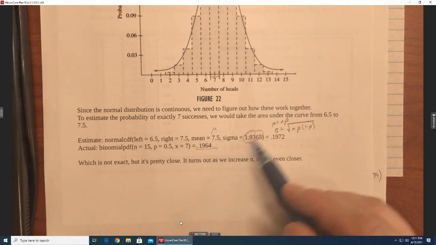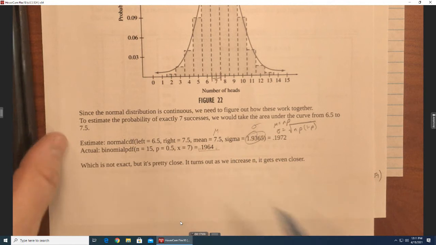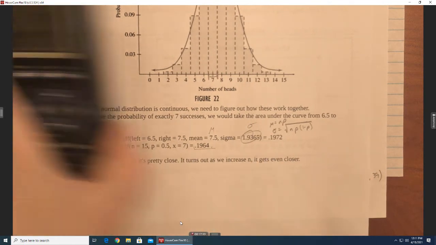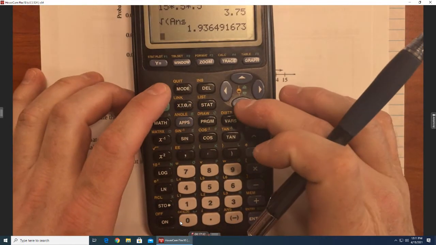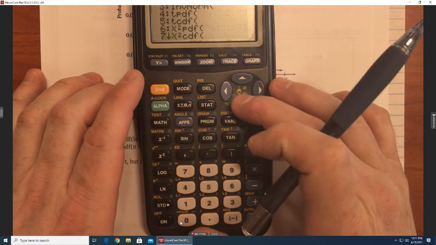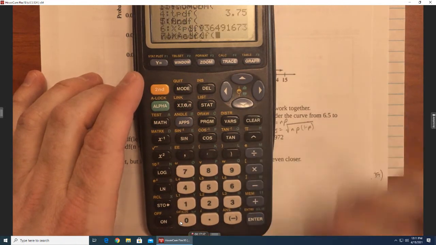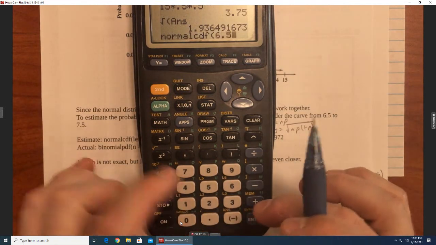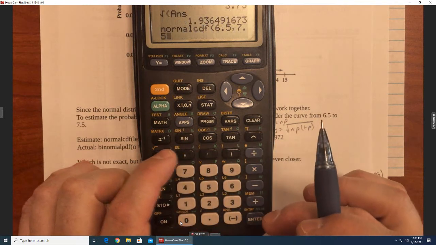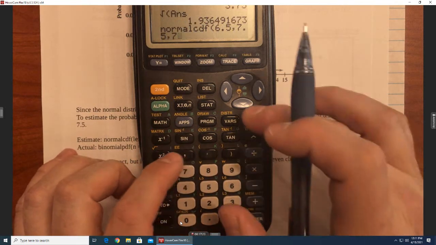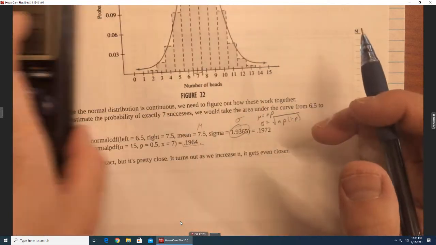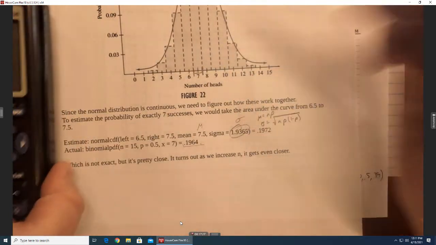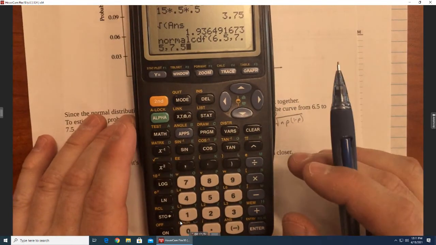So here's our mean, here's our standard deviation. When we do this normal distribution, we'll use those values. I'm going to go into distributions. We're doing a normal CDF. My left bound is 6.5. My right bound is 7.5. My mean is 7.5, that's 15 times 0.5, n times p.